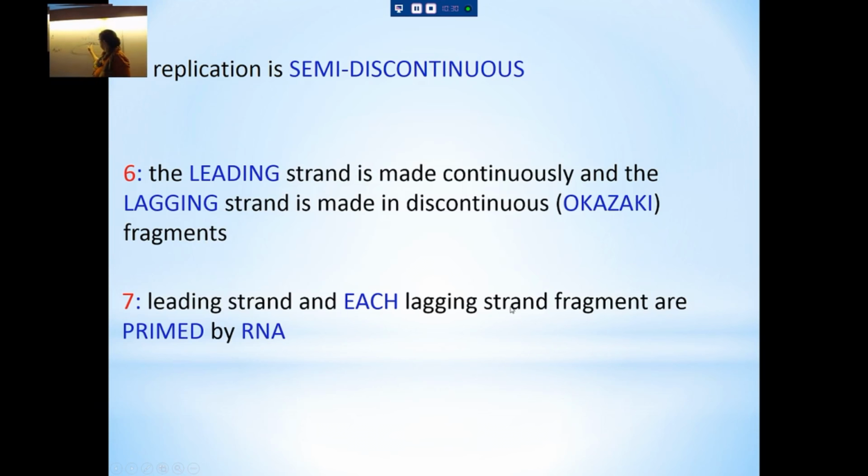And for each side of the bidirectional replication process, there is a leading strand and a lagging strand. Regardless of what you're going to talk about, in what kind of system, whether it's viral or cellular, DNA polymerases need something on which to add nucleotides.